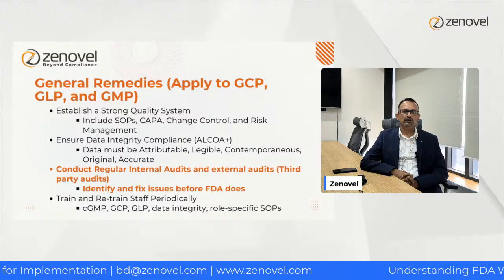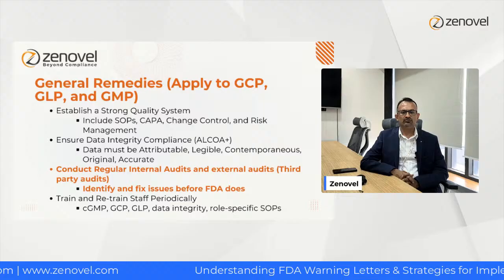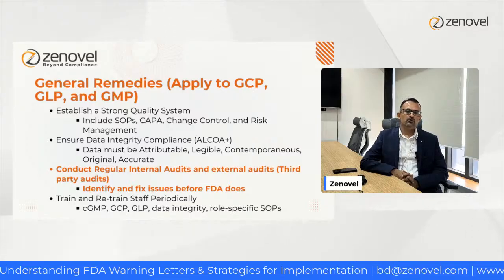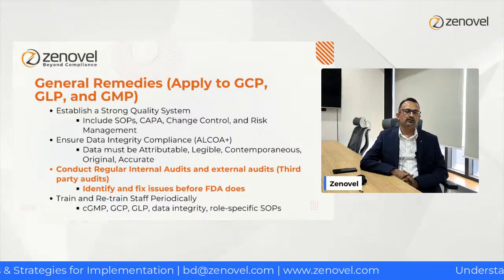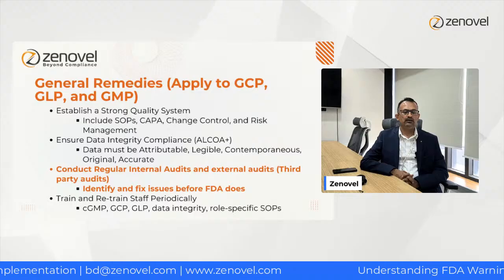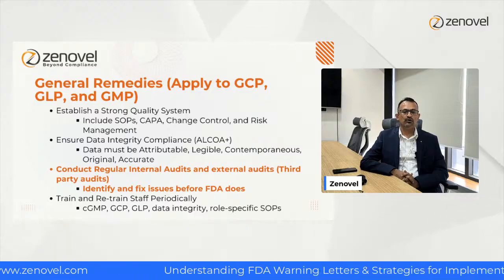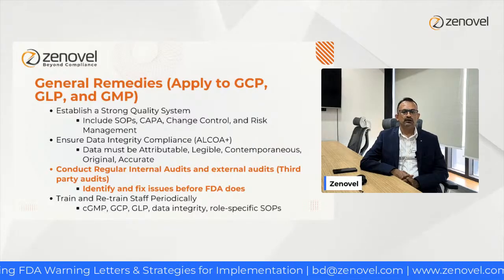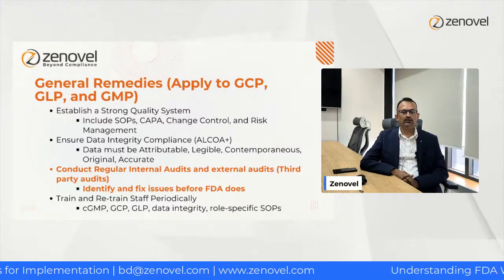And the most important point is to conduct regular internal audits as well as external audits from third party auditors. Because while doing internal audits, and especially external audits, the auditors can identify and give the resolution or solution for the critical observations before FDA does. The next is training and retraining of the staff periodically.